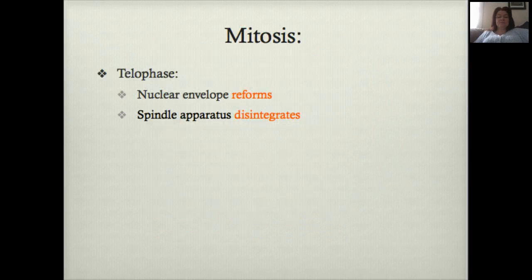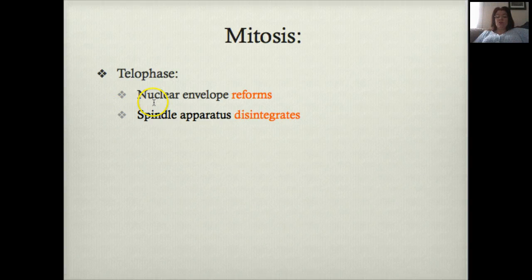Good. Now the last stage of mitosis is telophase. Think about what you have inside the cell at this point. We've got one set of chromosomes pulled to one end of the cell, one set of chromosomes pulled to the other end of the cell. The next thing that has to happen is we have to recreate nuclear envelopes around those sets of DNA.